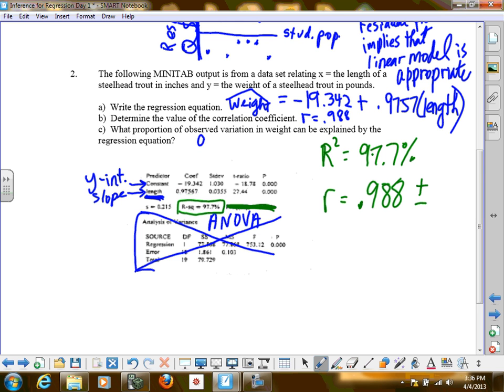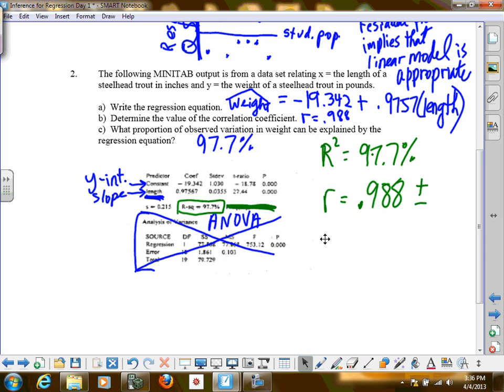Good. That is a statement about the definition of R squared. 97.7% of the variation in their weight is explained by the variation in their size, or their length. Okay? Very good.